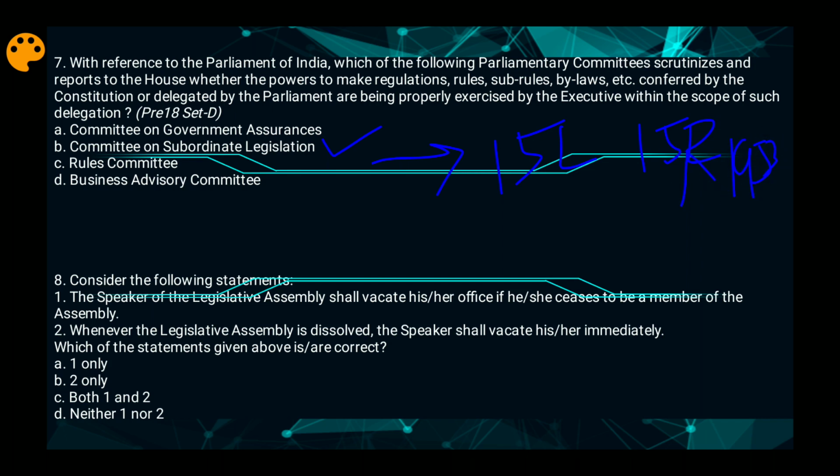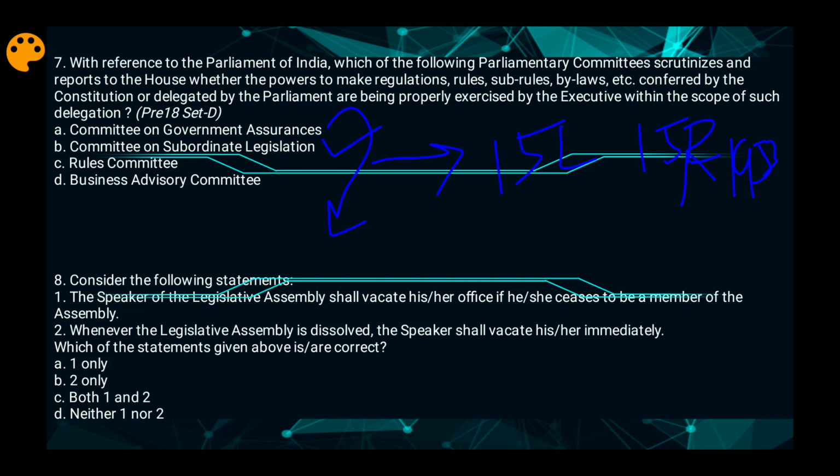So I'm letting you know the rest of the committees. The first committee is the Committee on Government Assurance, and this is related to checking the assurances given by the ministers on the floor of the House during the session of the Parliament, because ministers used to give assurances and fake promises on the floor, saying we will do this, we will do that, but in reality they do not do it.